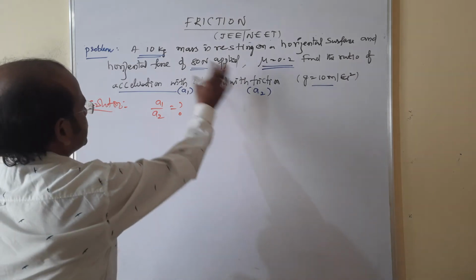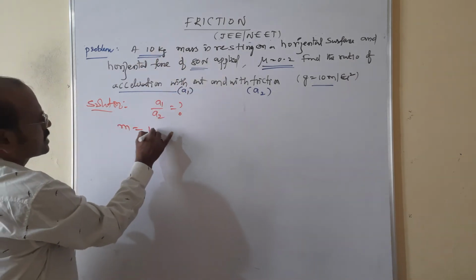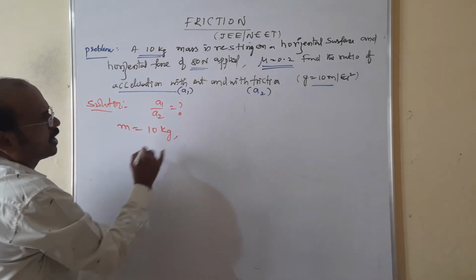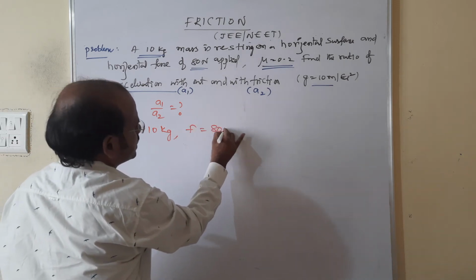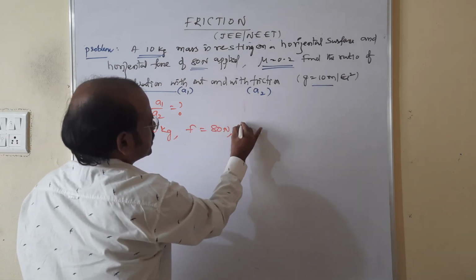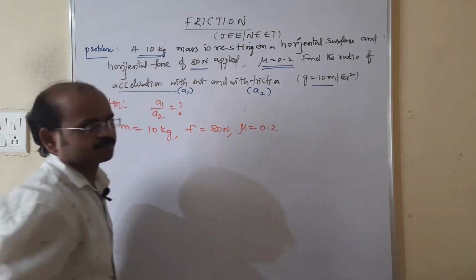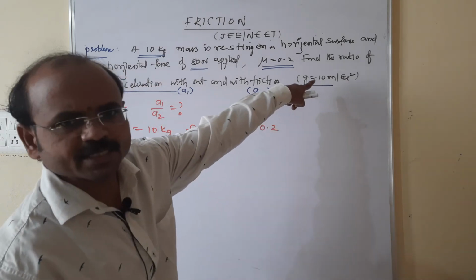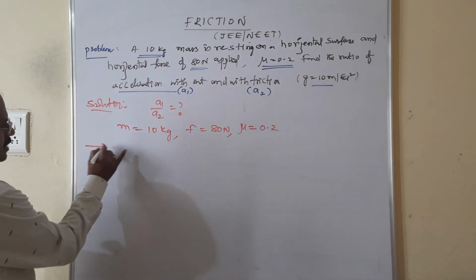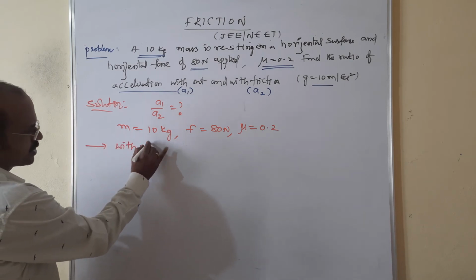Given: mass is 10 kg, applied force is 80 Newton, coefficient of friction is 0.2, and g is 10 meter per second square. Now go for without friction.